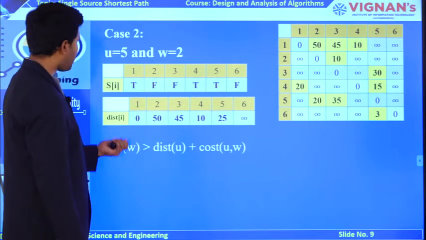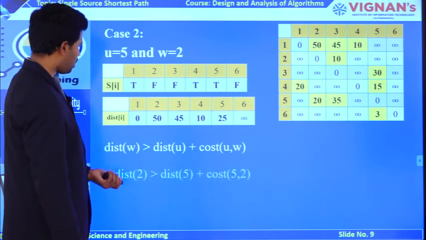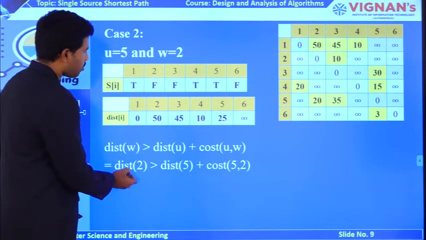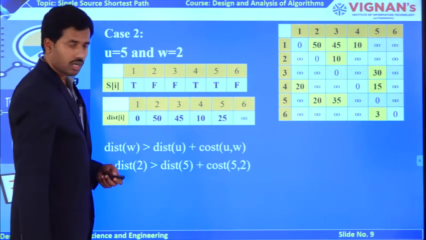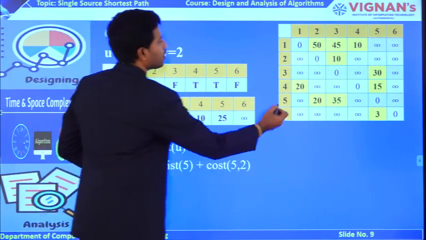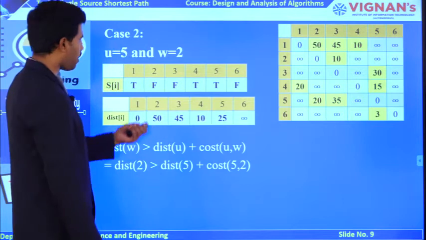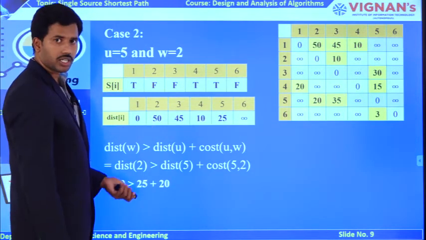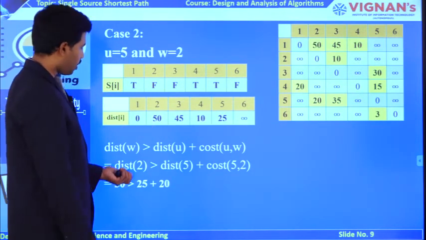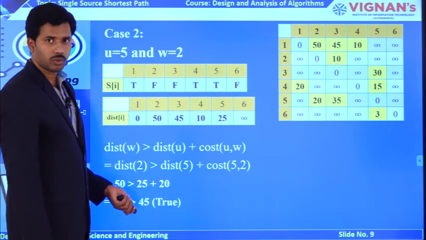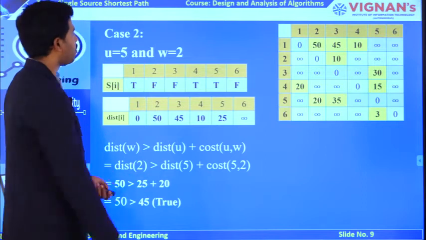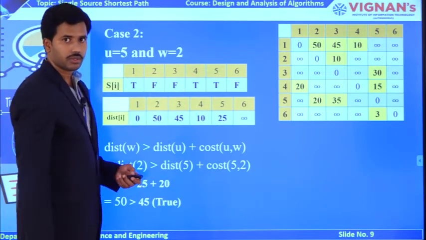The distance of U is 50, the distance of 5 is 25, and the cost to reach from 5 to 2 is 20. So based on these values, you update your formula: 50 is greater than 25 plus 20, which is 45. So my logic is true. If it is true, I can update my distance of W.